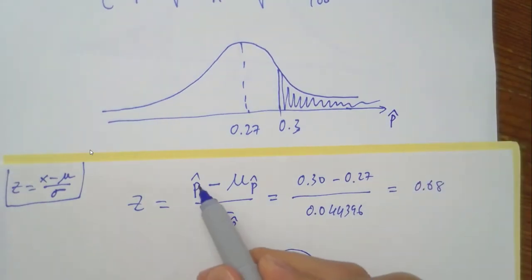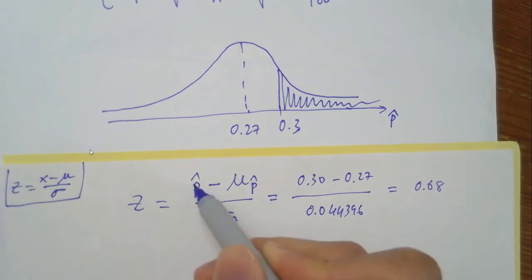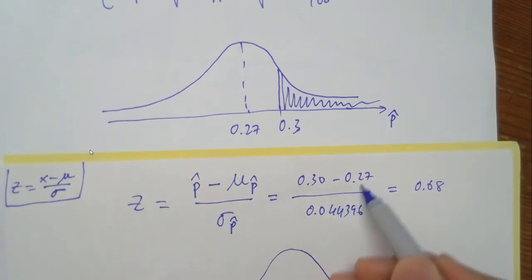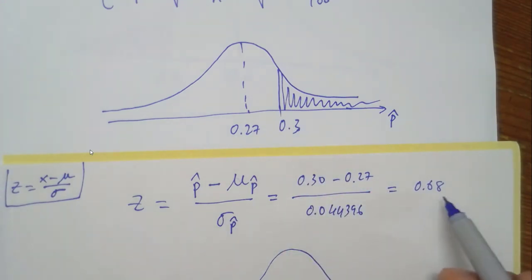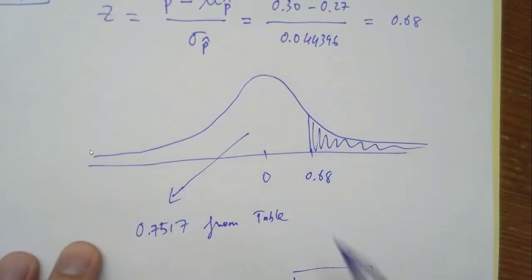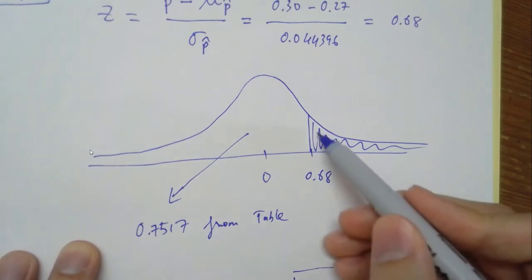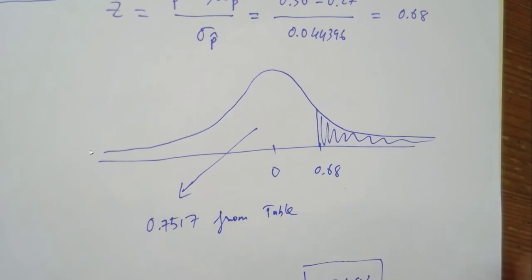So we take that instead of the x value, subtract the mean of the sample proportion, and divide by the standard deviation of the sample proportion. We got everything from above, and this is 0.3, and 0.3 corresponds to 0.68 on the z-scale. We are looking for the right area, and I can use the table.